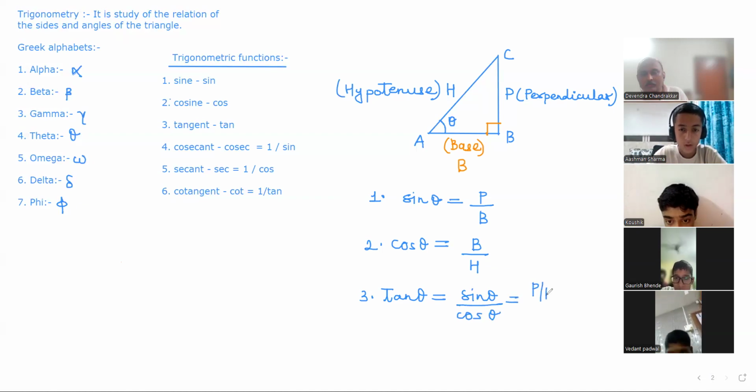This is perpendicular upon hypotenuse over base upon hypotenuse. ठीक है? एक second, my bad. I wrote it incorrectly, so we have to correct it. So H cancels out. It is P upon B.